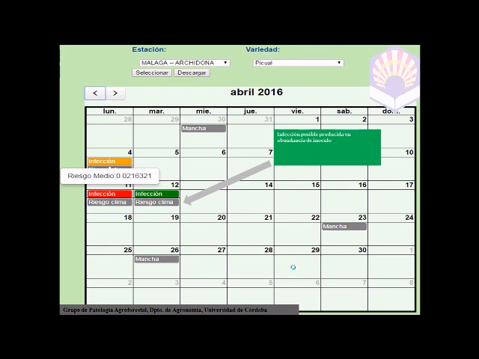This is the best way to reduce the amount of copper applied per hectare and year, and achieve a good control of the disease.